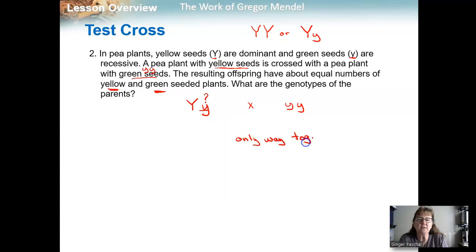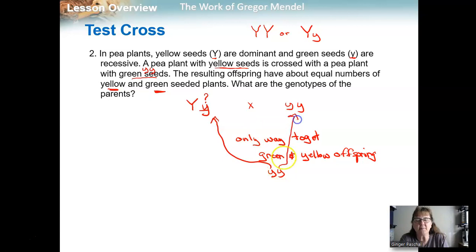to get green and yellow offspring. Because green offspring are lowercase y, lowercase y. This y had to come from that parent because this y came from that parent.